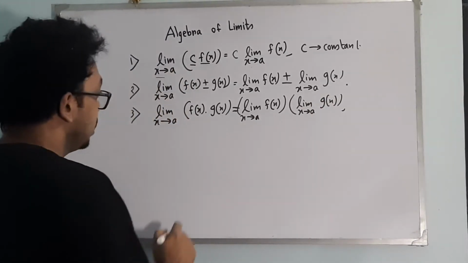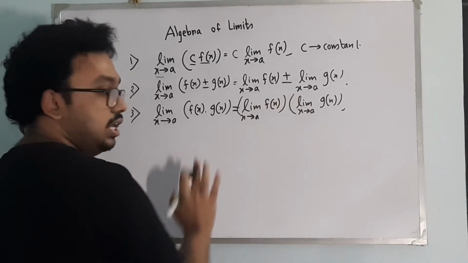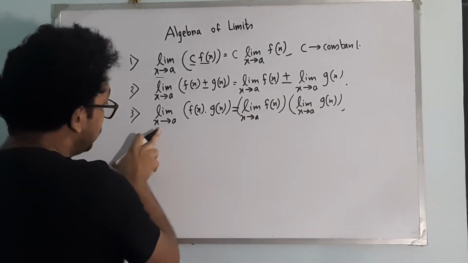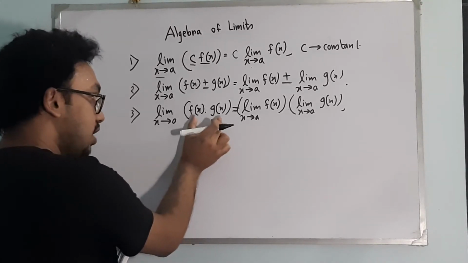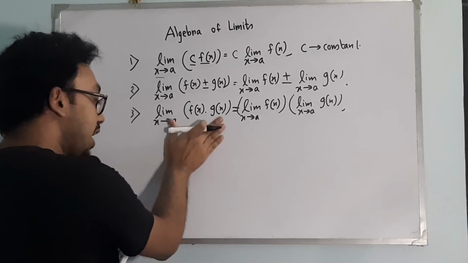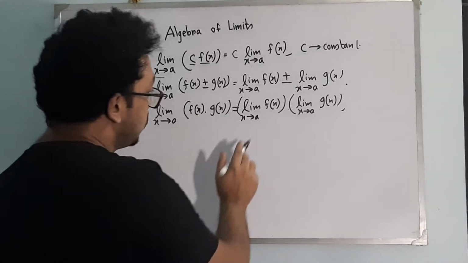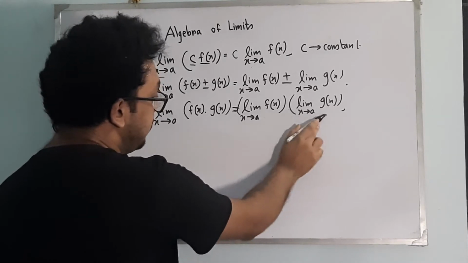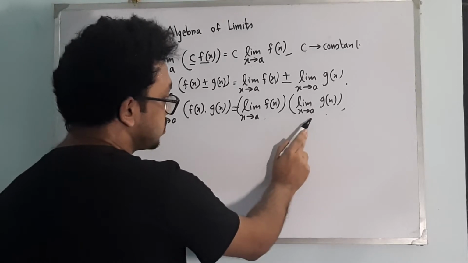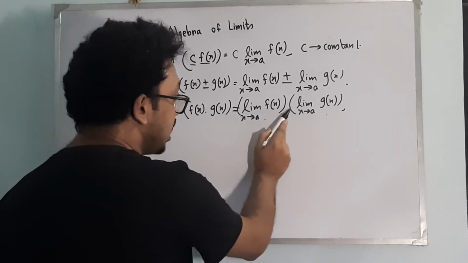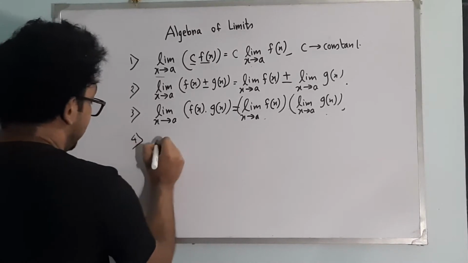It says that the limit of the product is nothing but the product of the limits. When you are calculating limit extending towards a of f x into g x, you have a product and you want to calculate the limit of this product. The rule says that you can individually calculate the limit of f x when extending to a and limit of g x when extending towards a, and then you can multiply the two, right? Now come to the fourth one.